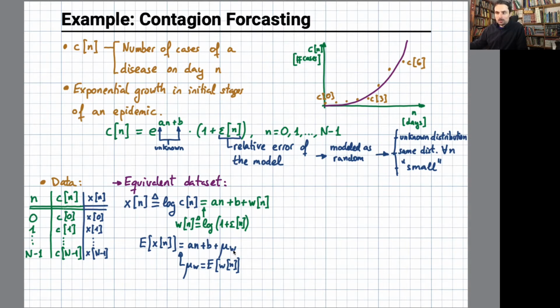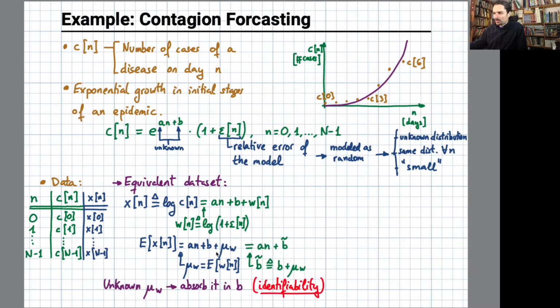We don't know it. So we find ourselves in a situation where we have two unknown parameters, added together. And this should immediately bring to mind what we said about identifiability in a previous lecture.